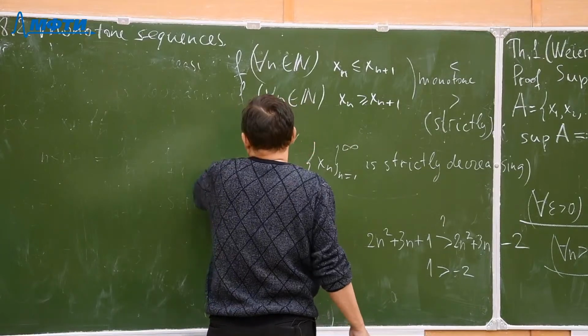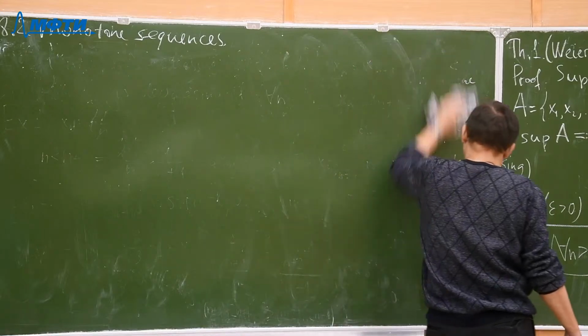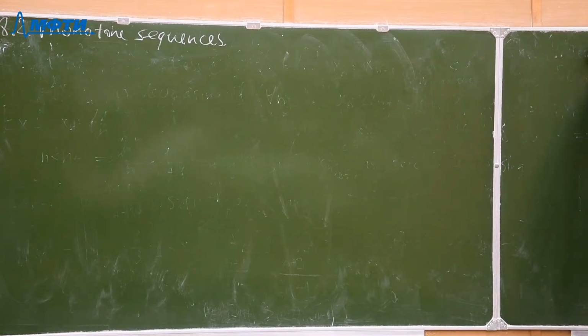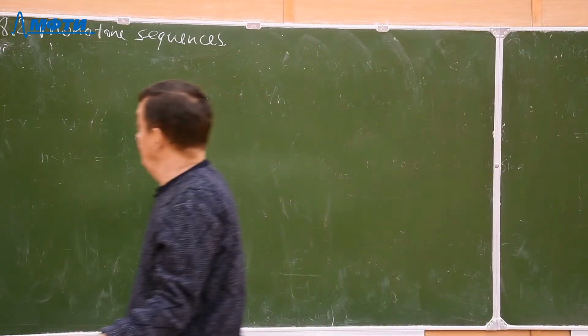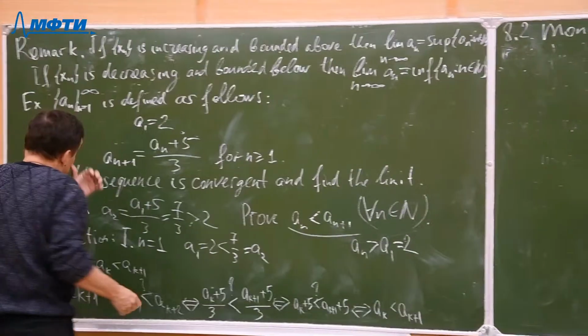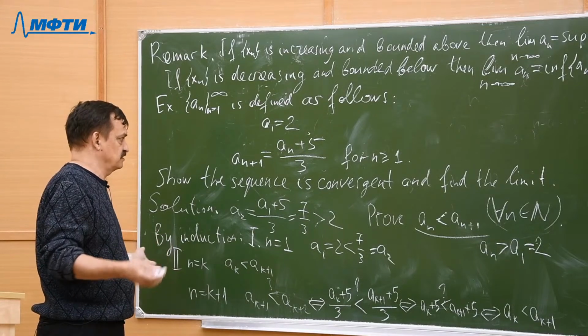Now how to prove it's bounded above? We should somehow suppose an upper bound, and then check that it is indeed an upper bound.